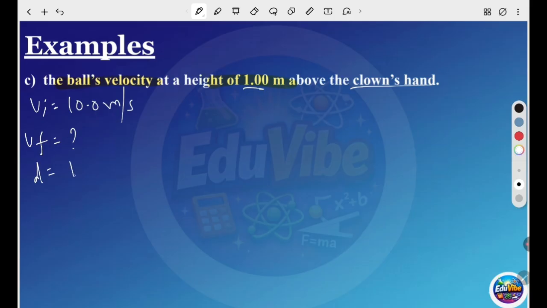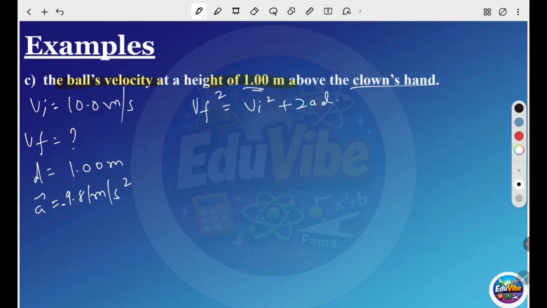Now we have a specific distance of 1.00 meters. Acceleration stays the same, negative. Again we use the formula vf square is equal to vi square plus 2ad.